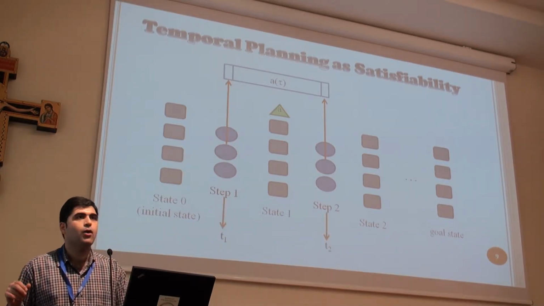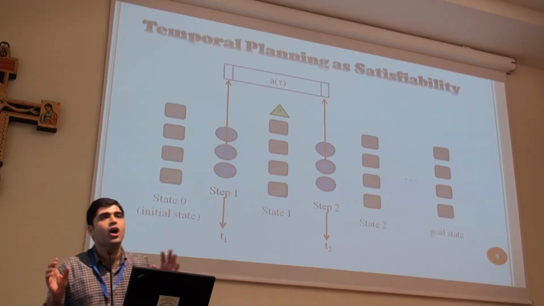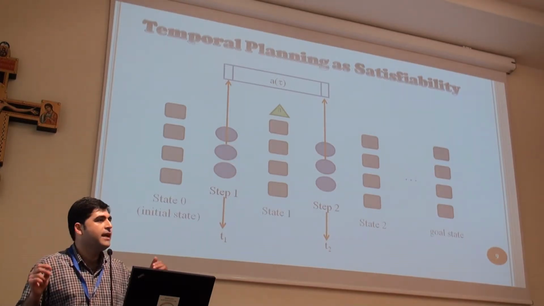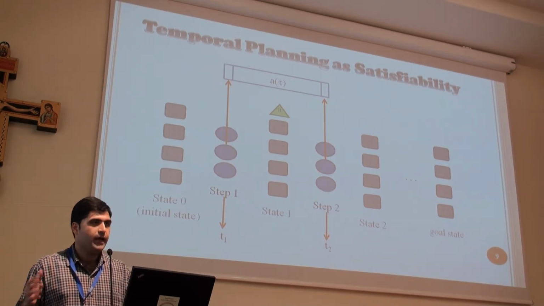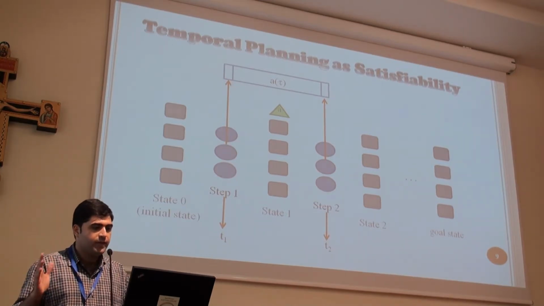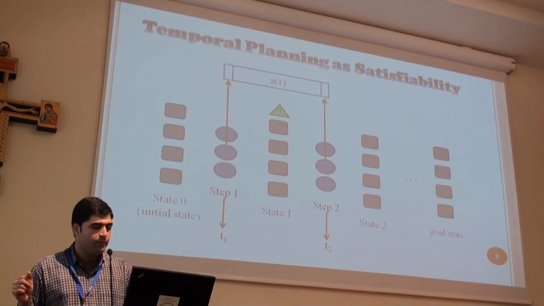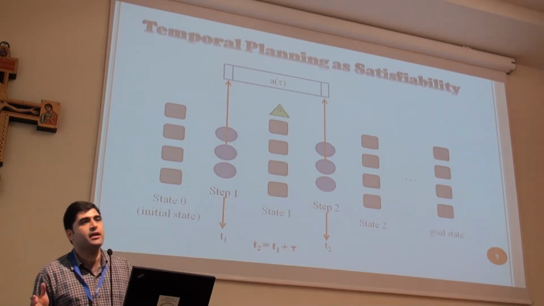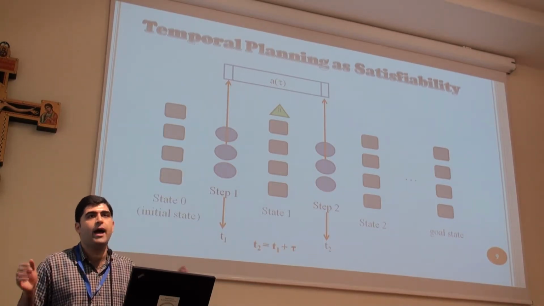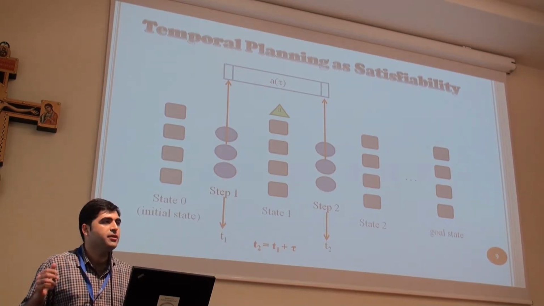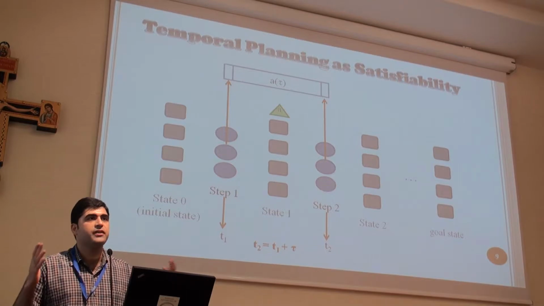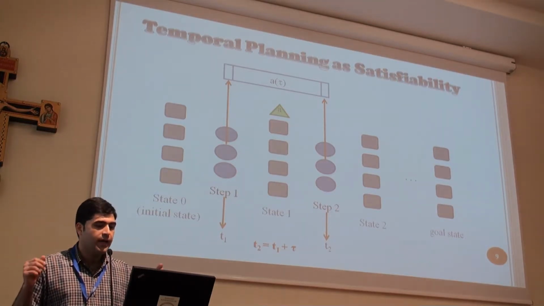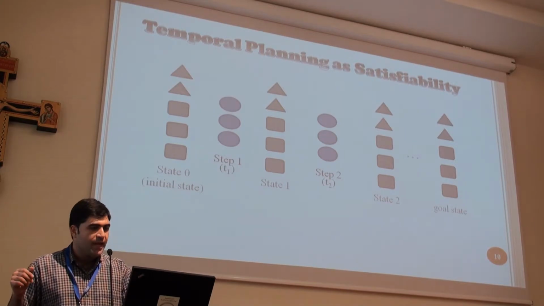We also need some time labels associated with our steps for imposing the temporal constraints of the problem. If action A with duration tau starts at time t1 and ends at time t2, the difference between t1 and t2 must equal tau.